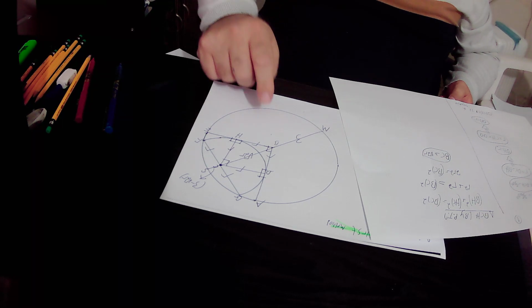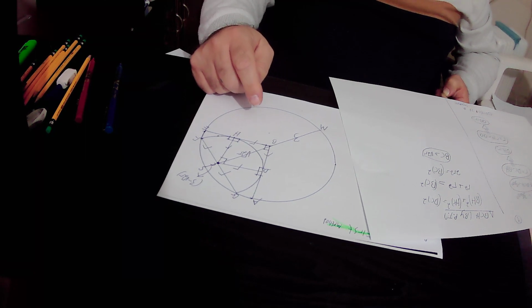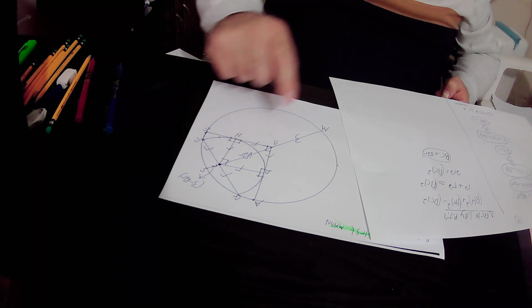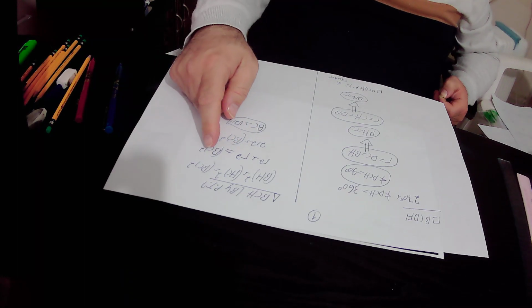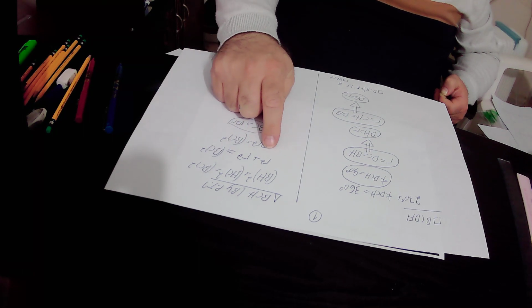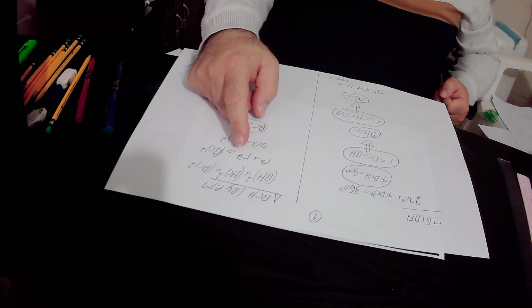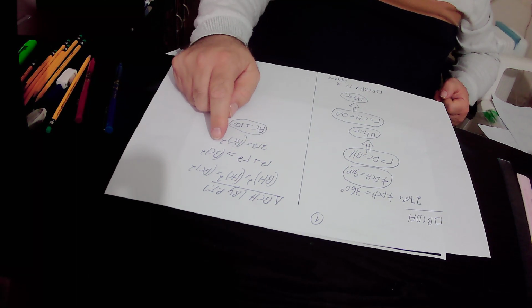According to the Pythagorean theorem, the square of the hypotenuse equals the sum of the squares of the perpendicular sides. That is to say, BH square plus HC square must be equal to BC square. BH is R, so BH square is R square. HC is R, so HC square is R square. And it must be equal to BC square.